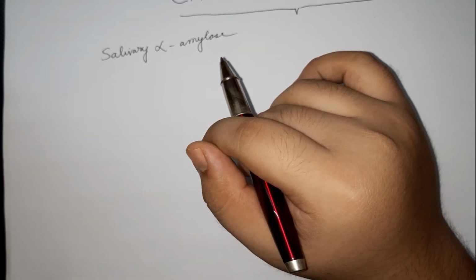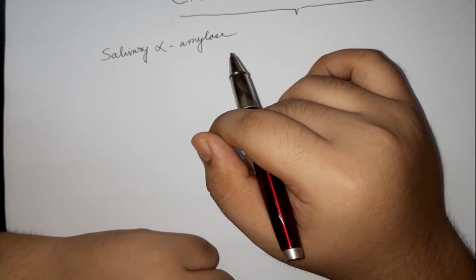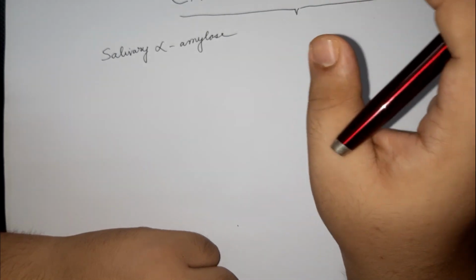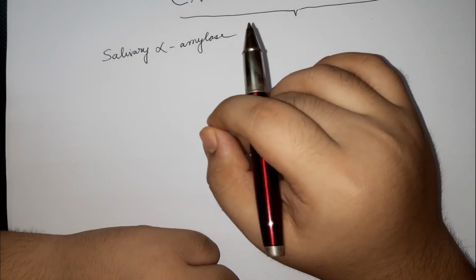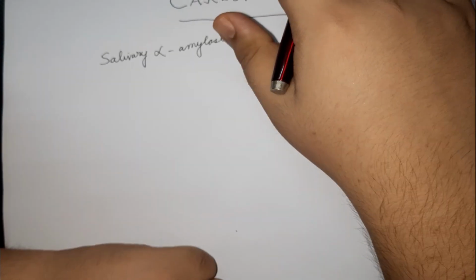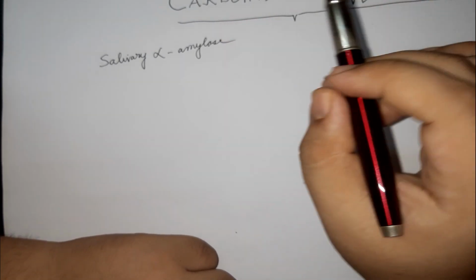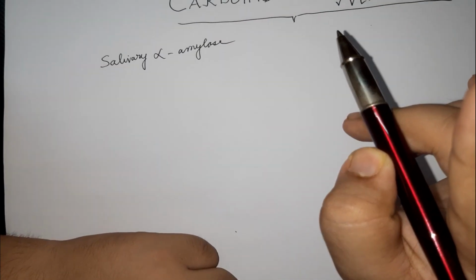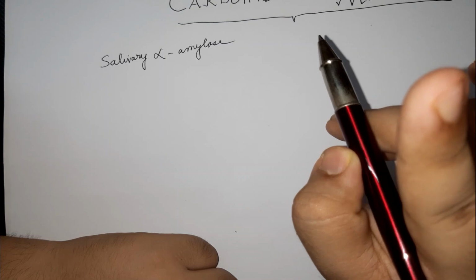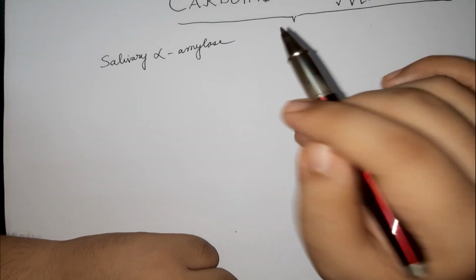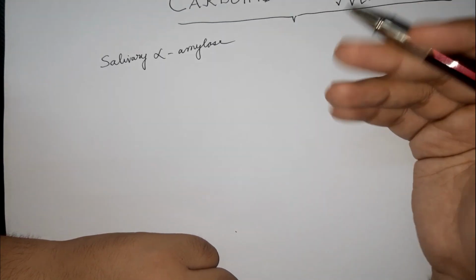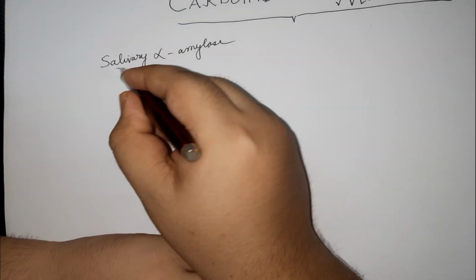So that's why I'm not stressing much upon the digestion of carbohydrates part. Do me a favor and please go through it like you did when we were talking about amino acid digestion, or protein digestion actually. There's nothing much to talk about, so please go through it yourselves. It's fairly easy and we have all talked about it a lot of times.